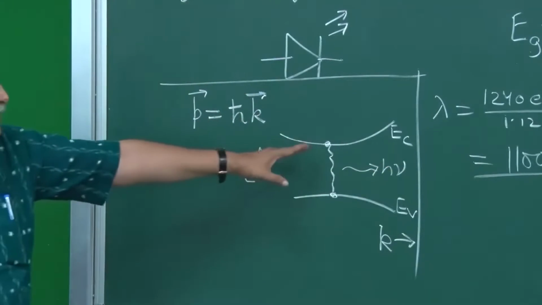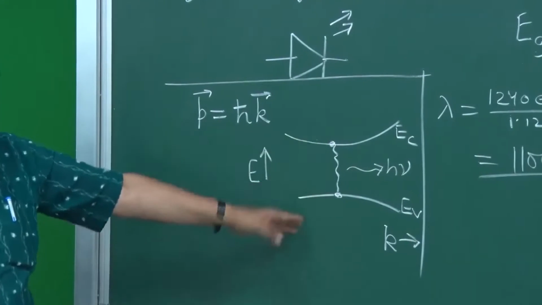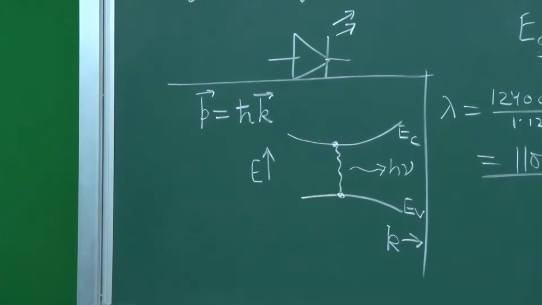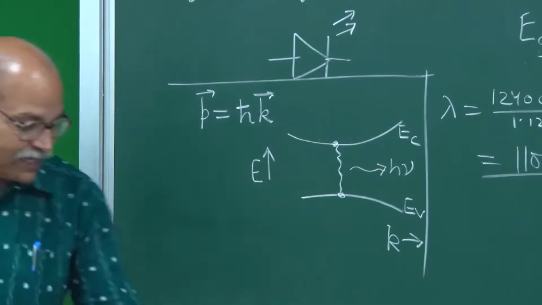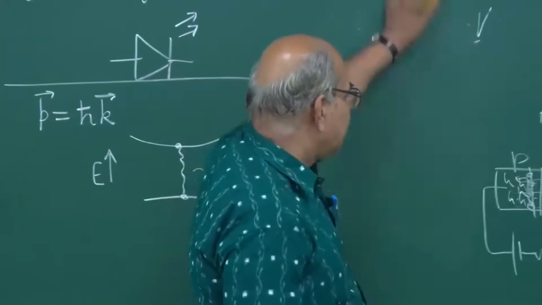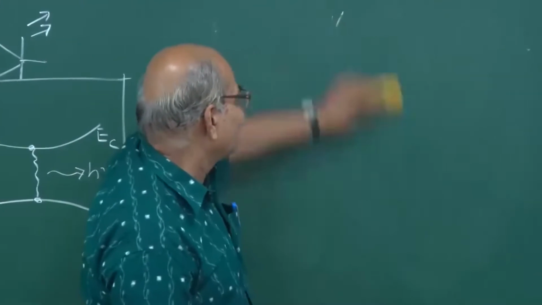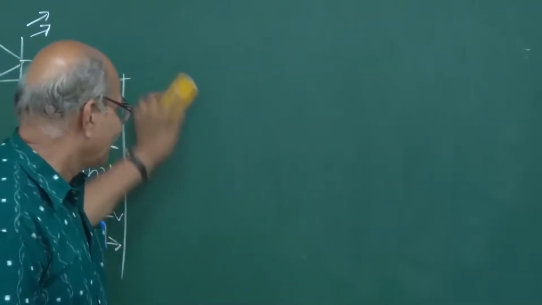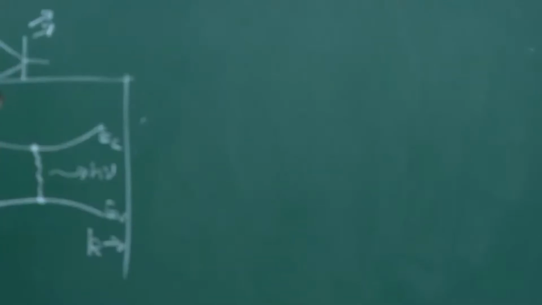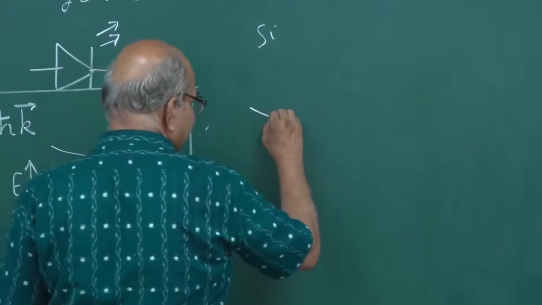But the silicon band diagram does not look like this. Silicon band diagram is a little bit different, and how does it look? For silicon, the band diagram looks something like this.